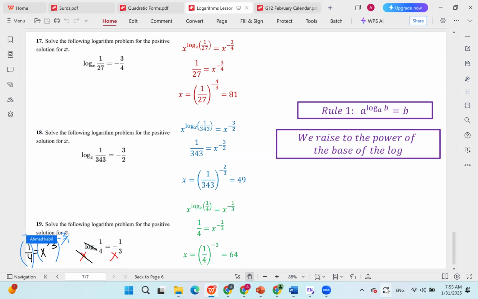And I have to imitate on the left as well. Now, these powers would cancel out, and the final answer would be x equals 1 over 4 to the power of negative 3 over 1, or just negative 3, which is 64. The last step can be performed using a calculator.